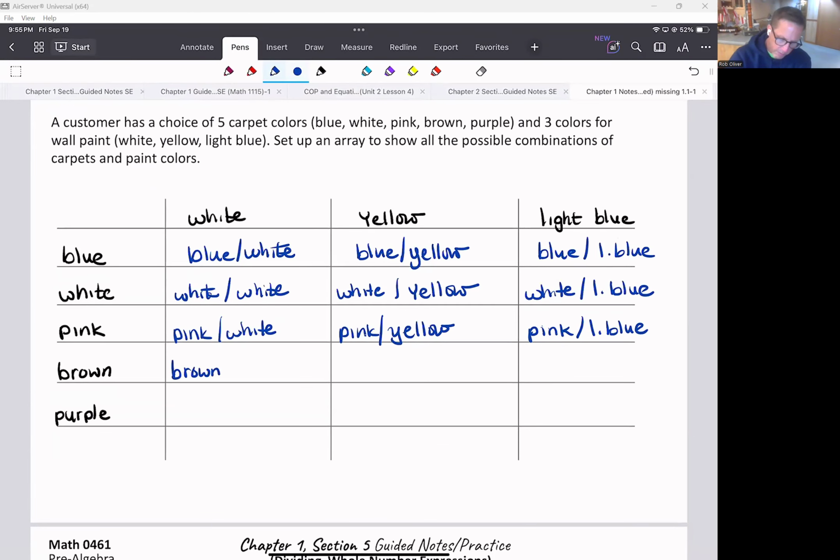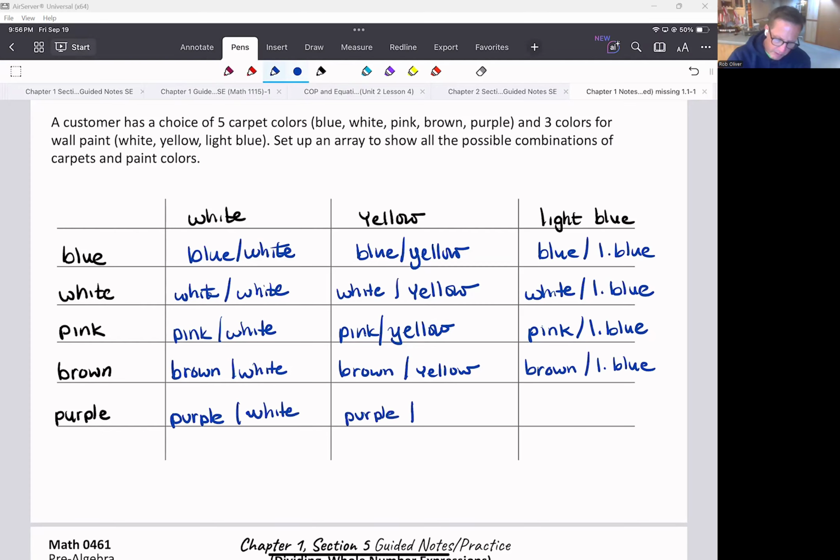All right. Brown carpet, white paint. Brown carpet, yellow paint. Brown with light blue paint. All right, and then our last one, purple with white.